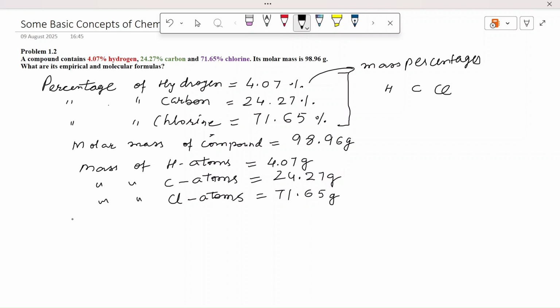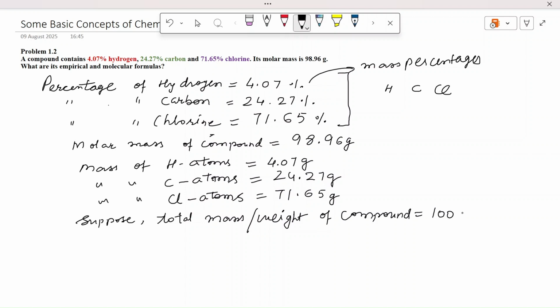And suppose the total mass or weight of the compound is 100 grams, because we are taking these values from percentages.